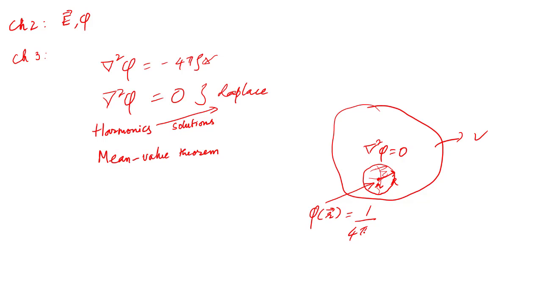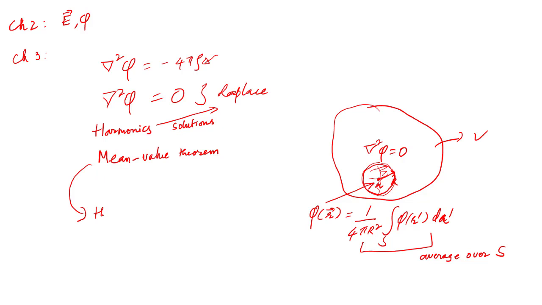So that's 1 by 4 pi R square times the surface integral of phi of R prime dA prime, where this sphere is what you're integrating over. So this is the average over the surface S. We proved this explicitly in the last lecture, and we did so because we wanted to use the mean value theorem in proving the Helmholtz theorem.